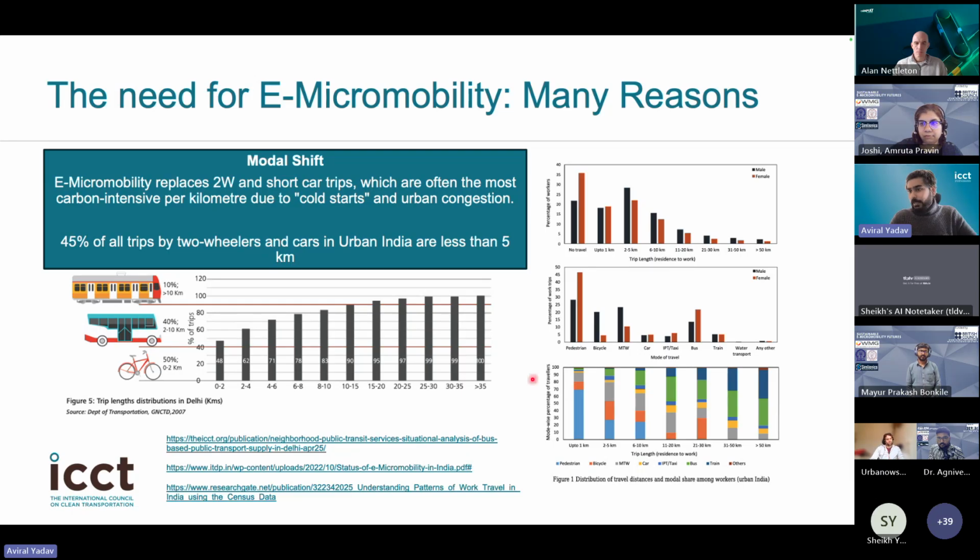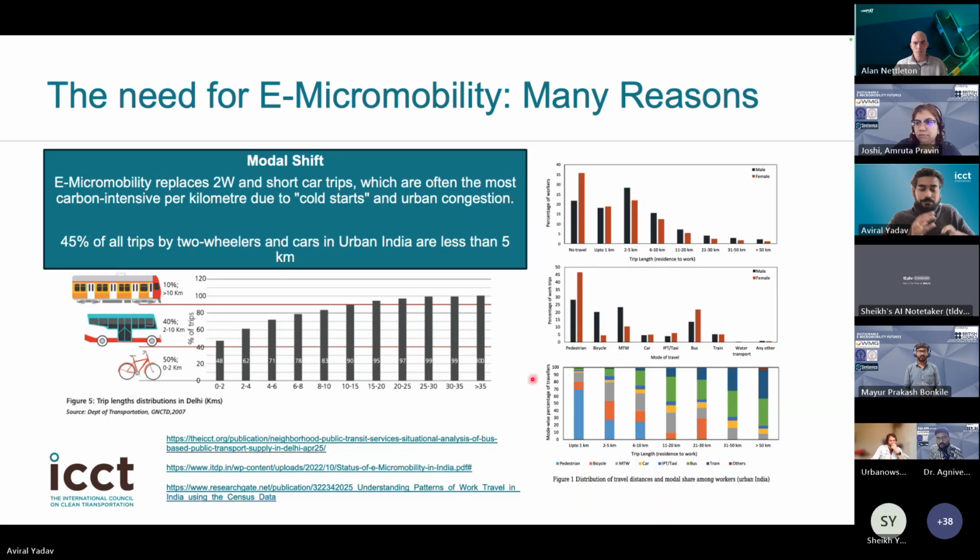And that's where I think the opportunity is. India has nearly 50% of vehicle sales going towards two-wheelers. If we talk about mode share, it is more than 50% from two-wheelers. That's where the opportunity is, because these two-wheelers are fast, they are heavy, and they create pollution and noise.